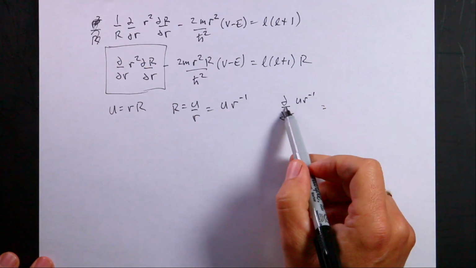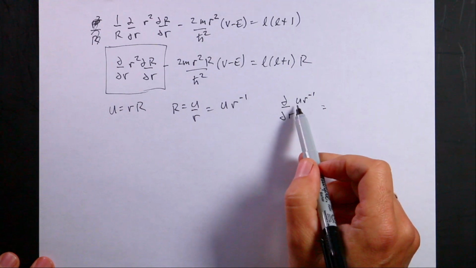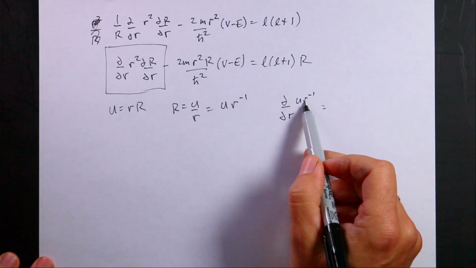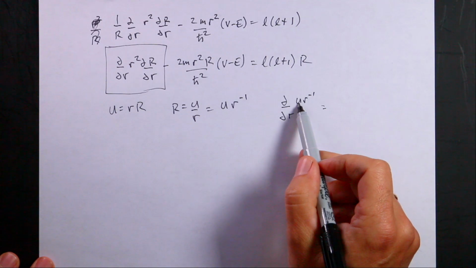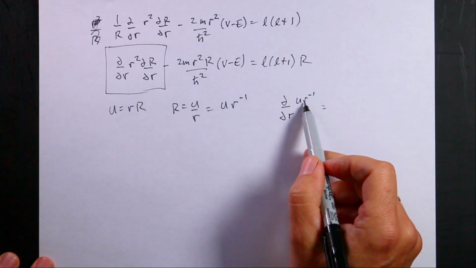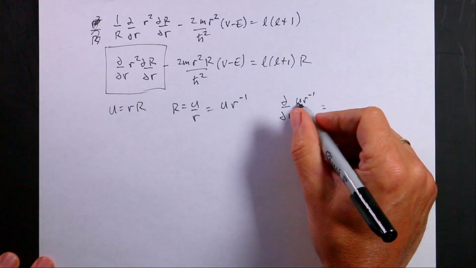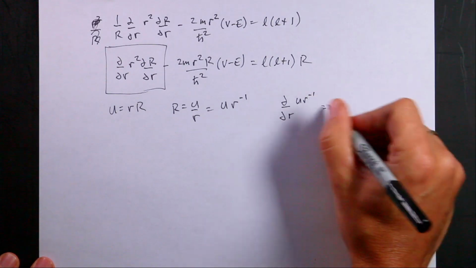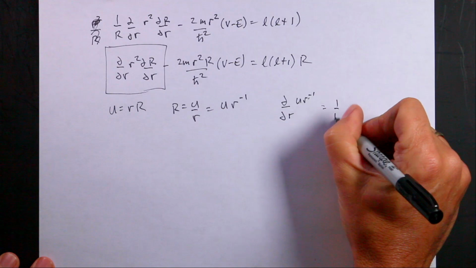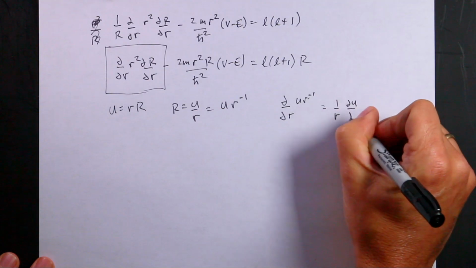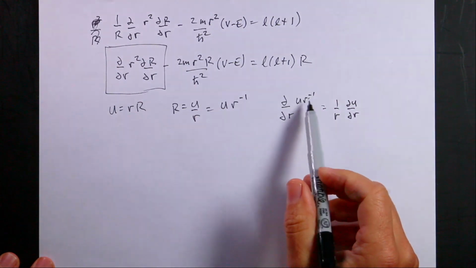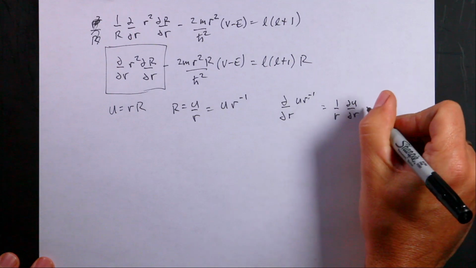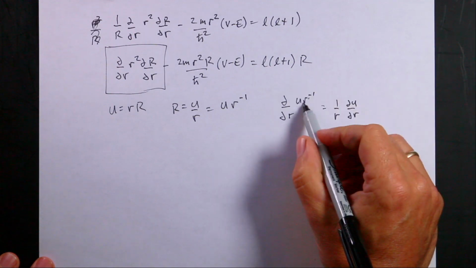So if I take the partial of this, I have a product. So I need to take the partial of u times that plus u times the partial with respect to that. So I'm going to get, first of all, the partial of u with respect to r is just u with respect to r, and I'm going to multiply by this. So I get 1 over r partial of u with respect to r. Now I need to take the u term and take the partial of this with respect to r.